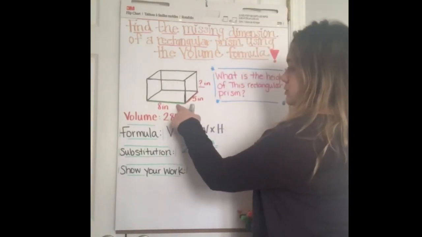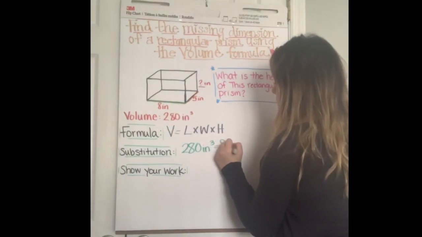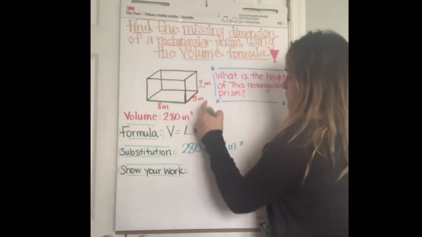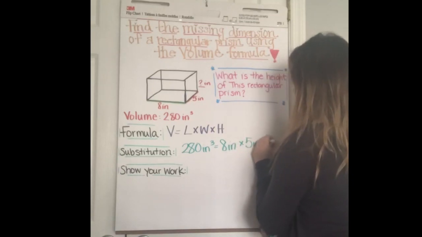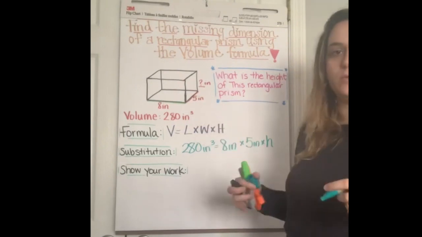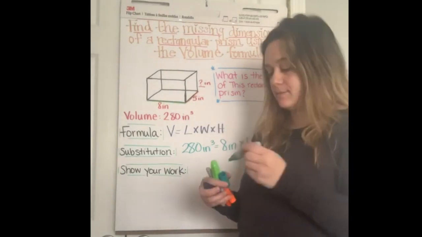And I'm going to substitute 8 inches for my length, and 5 inches for my width. And then I'm just going to leave my h, because my h is my unknown. We don't know what the height is.